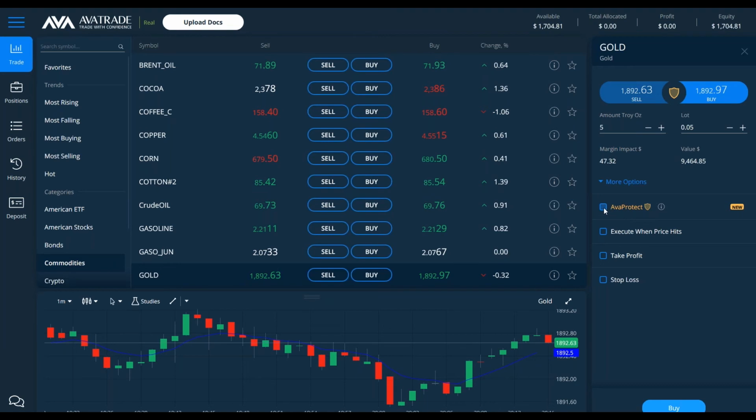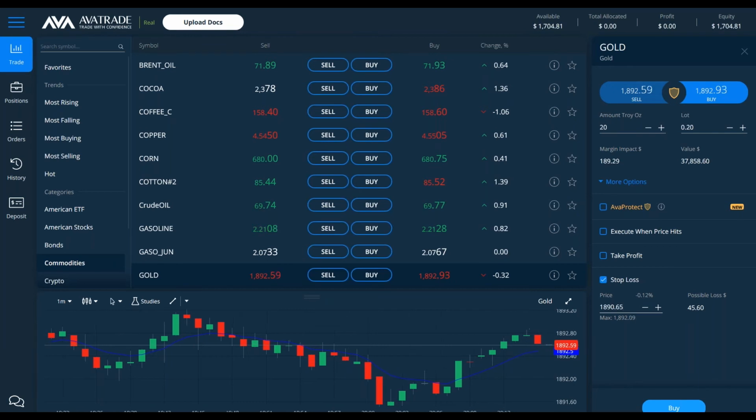Okay, the way AvaProtect would work, whether you're on our mobile app or on the web trader, if you decide you want to trade a certain number of ounces and maybe you look at the stop loss and you say, wow, if I'm buying and I put my stop loss at, let's say 1850, I'm risking $845 in this example.